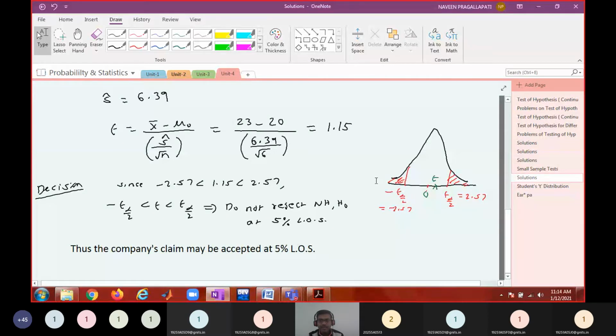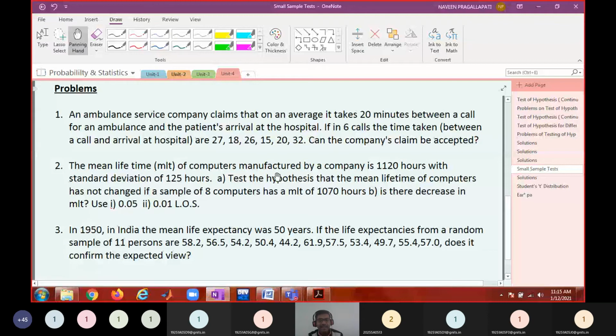Yes. Right. Now just read the second problem. The mean lifetime of computers manufactured by a company is 1120 hours with standard deviation of 125 hours.